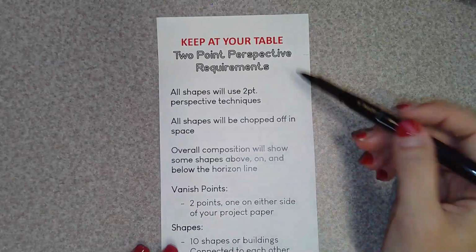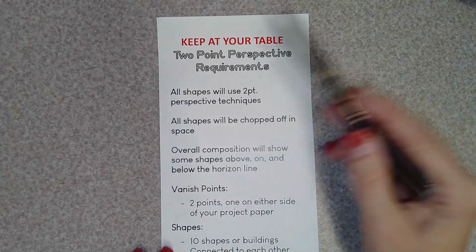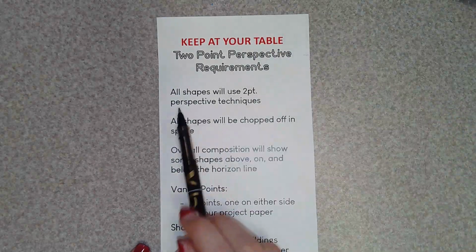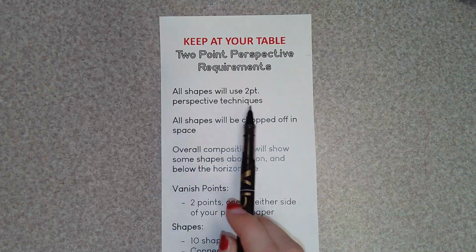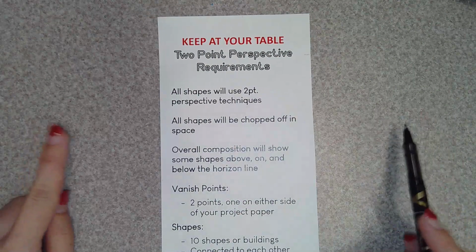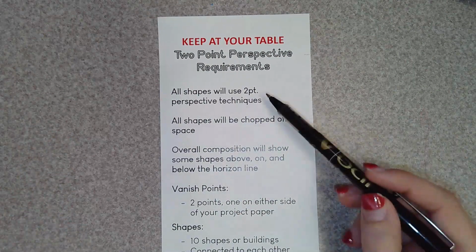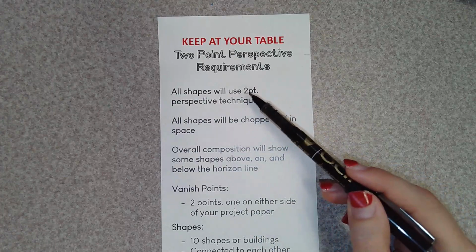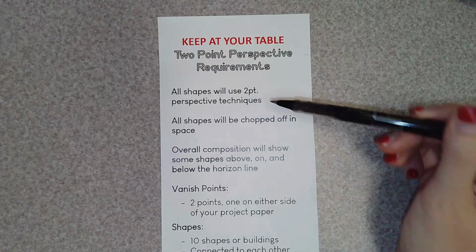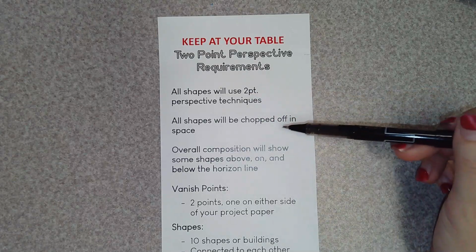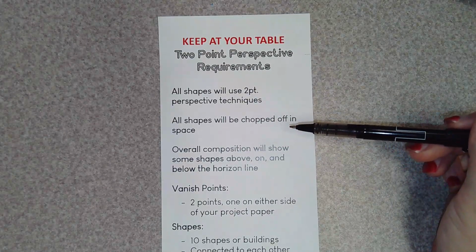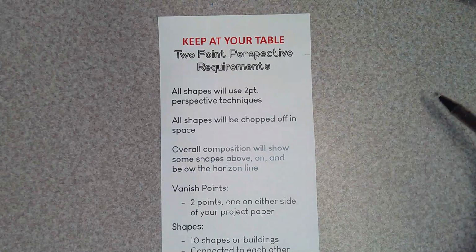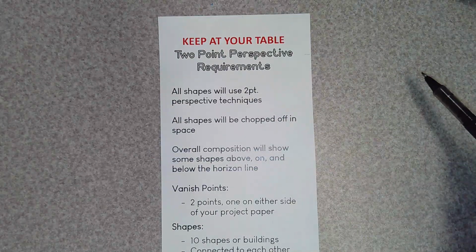So you should see this at your table or on Schoology, both hopefully. All of your shapes will use 2-point perspective technique, which is where we have those 2 vanishing points, right? And again, for your quick sketch, you don't need to do this, but for your project, when you get that black piece of paper, you do need to do this. All those shapes will be chopped off into space, so all those extra converging lines, erase them, okay?